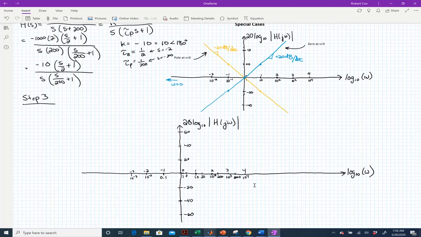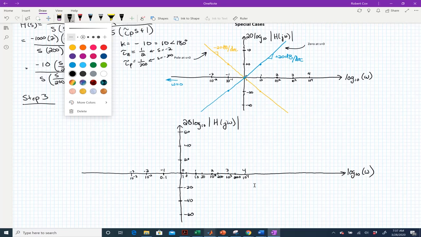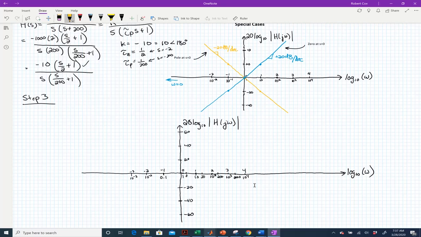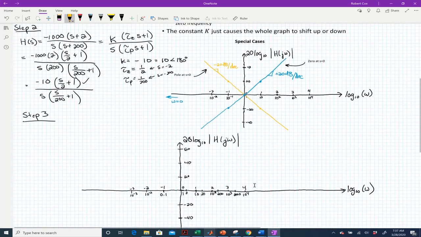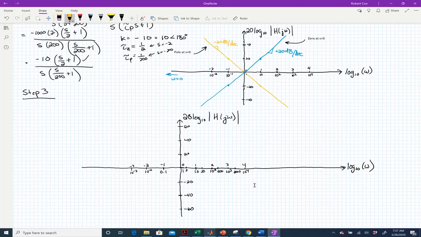So let's do our 0 here. I'm going to do my 0 in yellow. What do we know about zeros? If I'm drawing the log magnitude of a 0, it is 0 for frequencies lower than the 0, and the log magnitude rises at 20 dB per decade after. So this guy's going to be flat right up until I get to 2, and then it's going to start to rise.